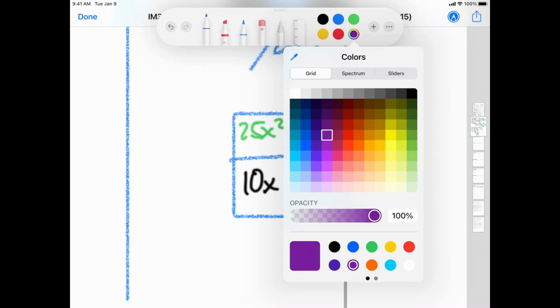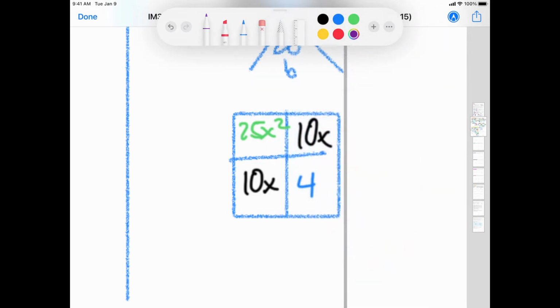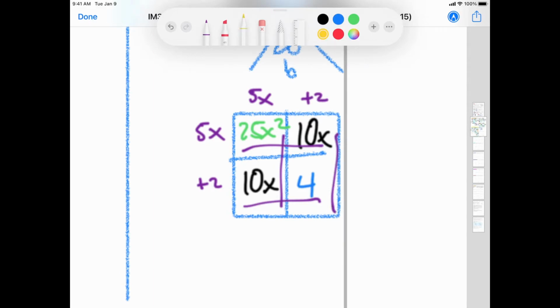Let's go ahead and take out our greatest common factor. So I have 5x. It's a plus 2. 5x and plus 2. Remember, you can always check your answer by multiplying. 5x, 5x, 25x squared. 2 times 5x, 10x. 2 times 2 is 4, and 5x times 2 is 10x.